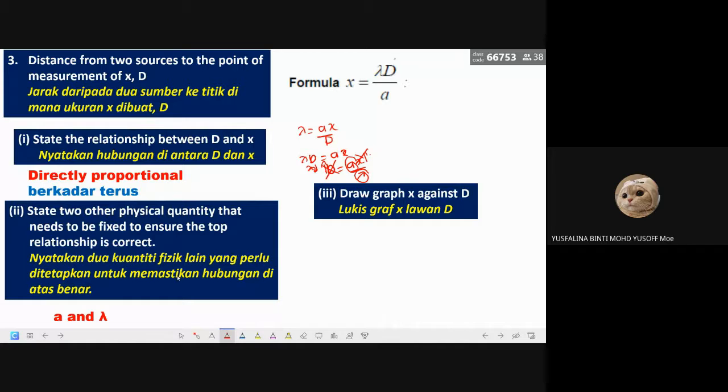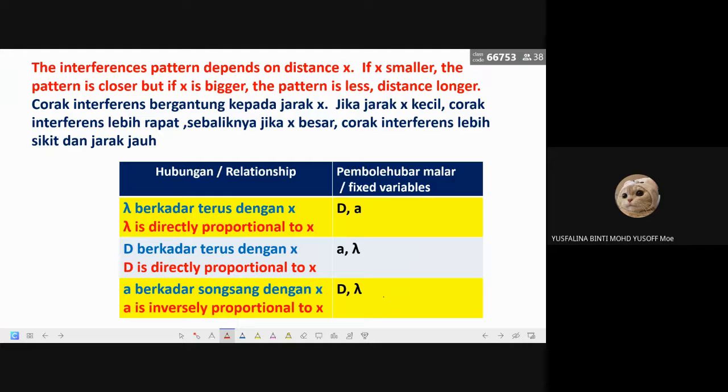And the next part you have to draw X against D. So X should be on the Y axis, D should be on the X axis. When you draw the graph, it should pass through the origin. Directly proportional. So this is actually the conclusion.